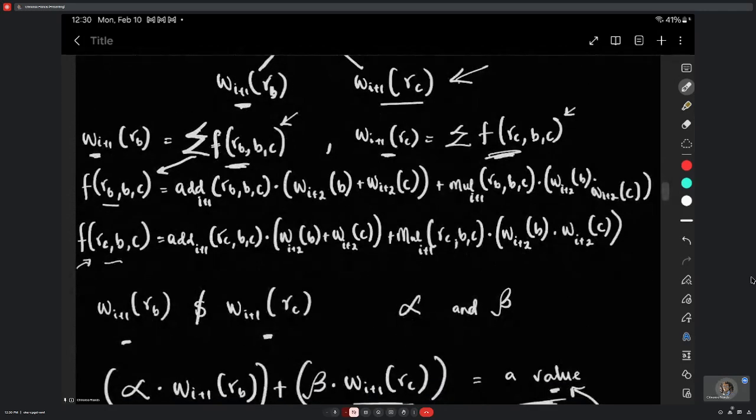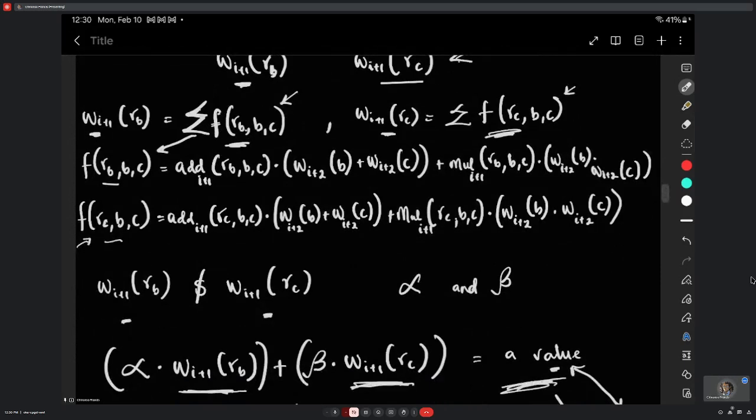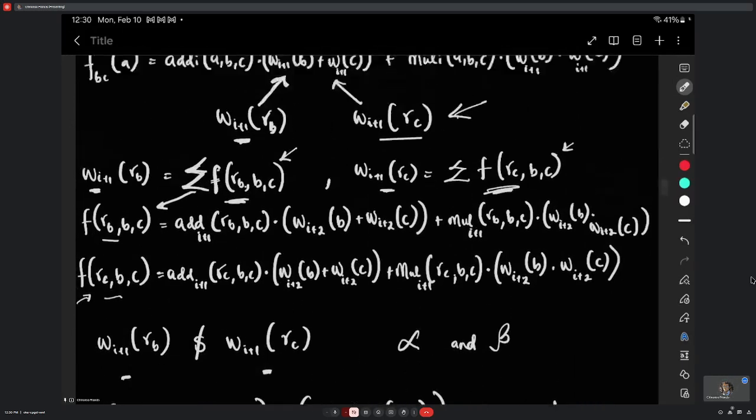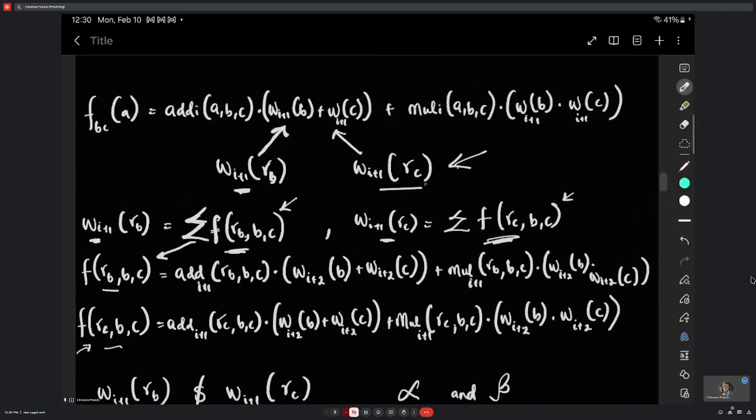So let's step through everything again. We have two claims, the claim of RB and the claim of RC. And we're trying to prove that it actually came from the layer beneath, which is the wi plus 2 layer, right?